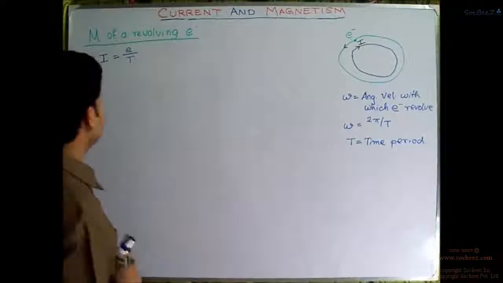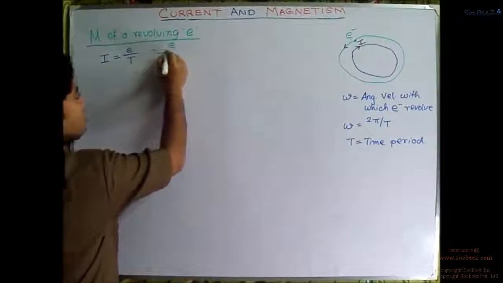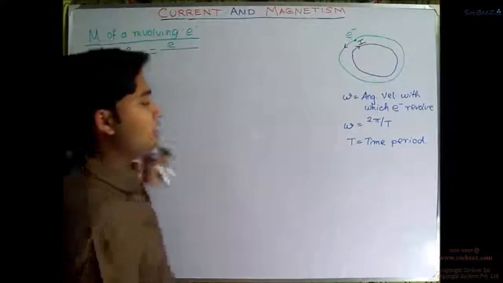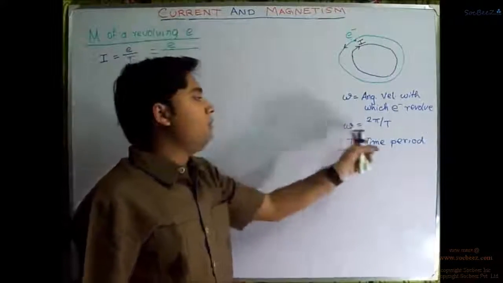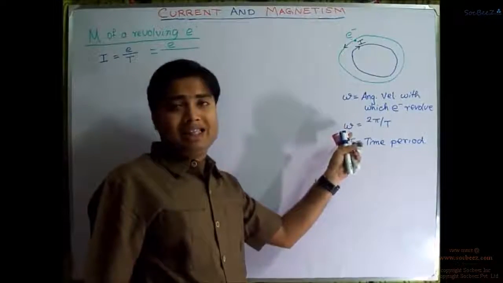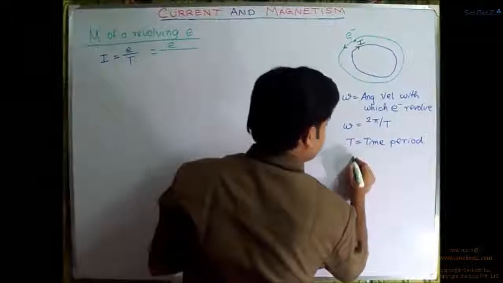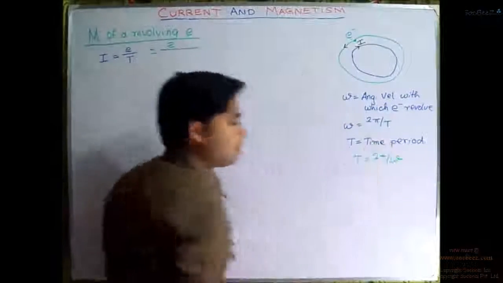Now we know that this equation could be transformed as E divided by T, and if we replace capital T as per this equation, we get T equals 2 pi divided by omega.